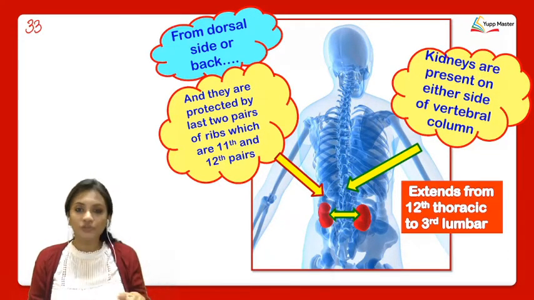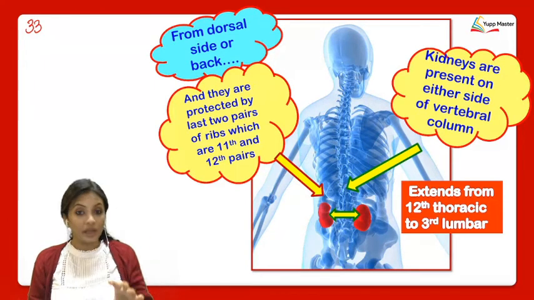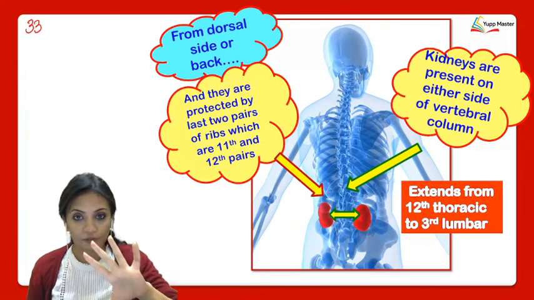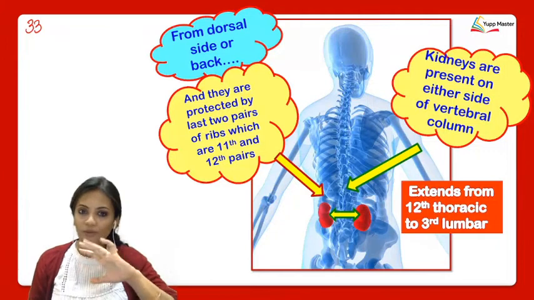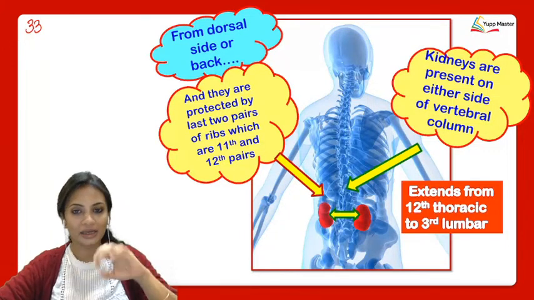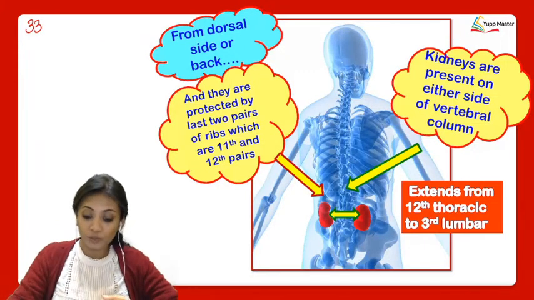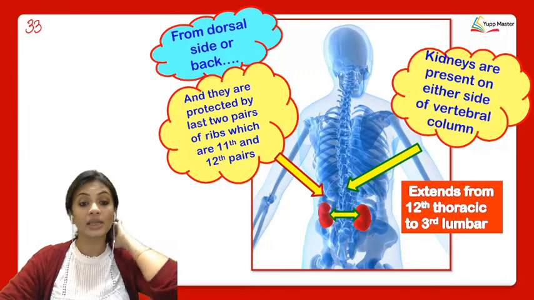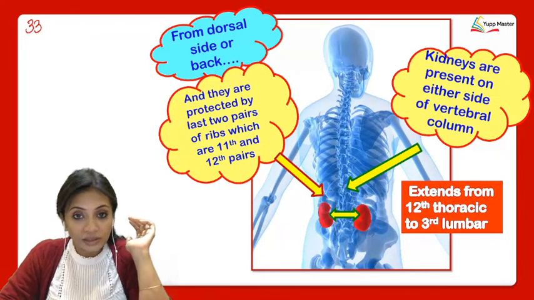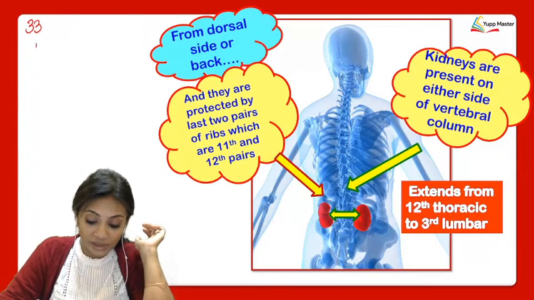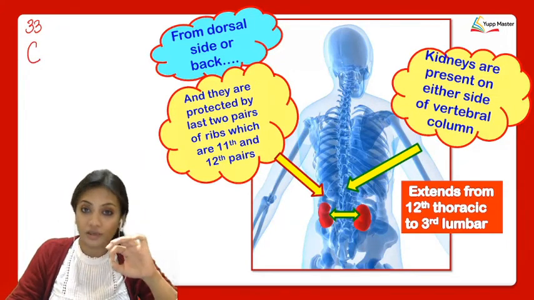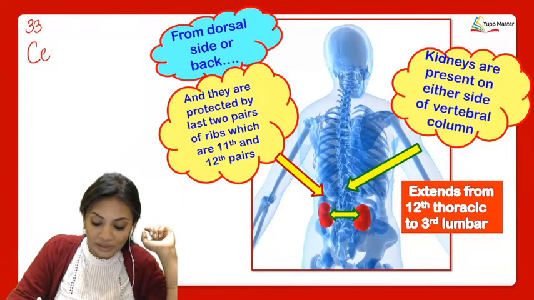Out of these 33 vertebrae, there are 5 different types. We will study this when we do the chapter of locomotion, but right now, just to introduce it to you, the different types start with the ones present in the neck region. The vertebrae in the neck region are called the cervical vertebrae. How do you spell that?